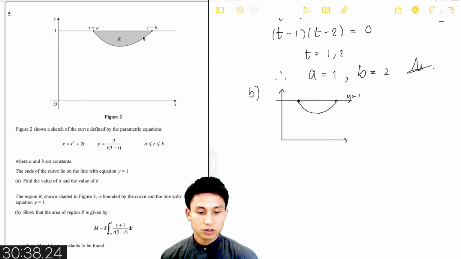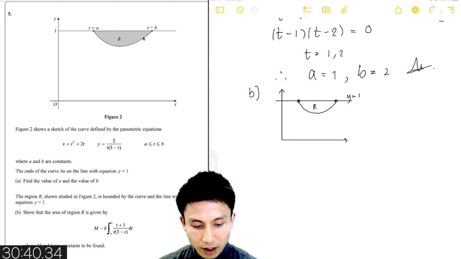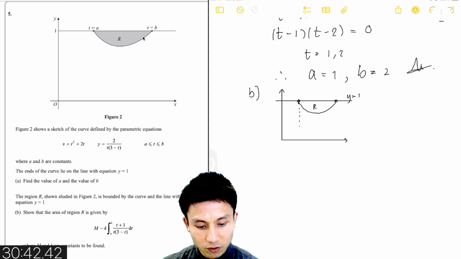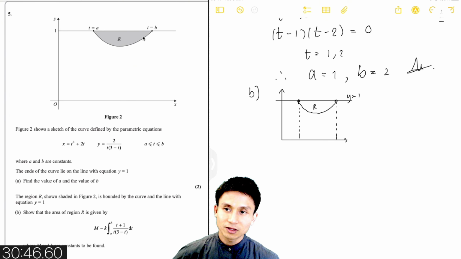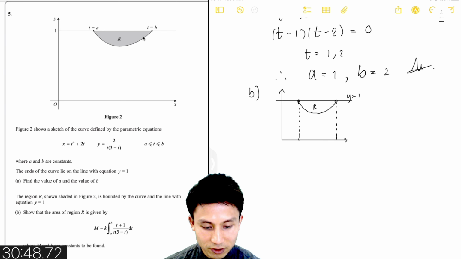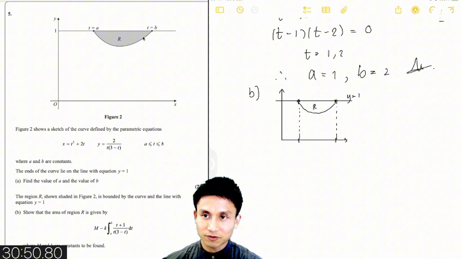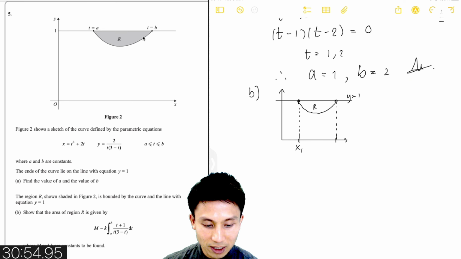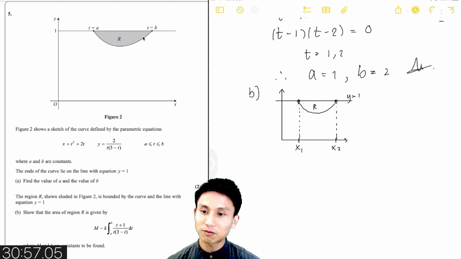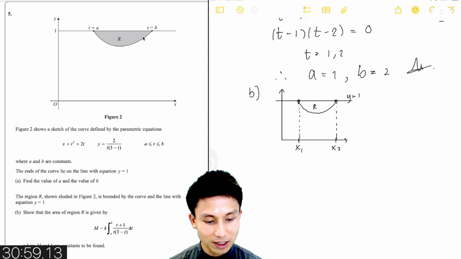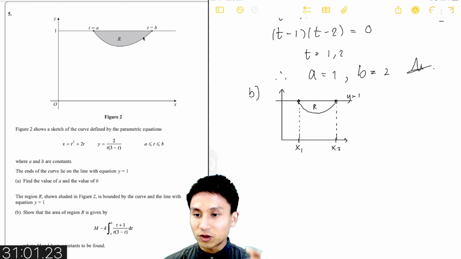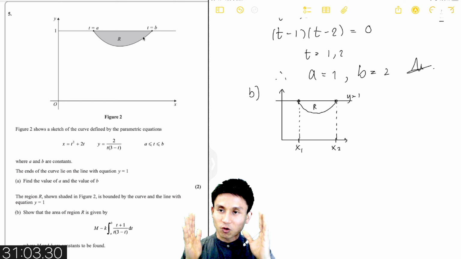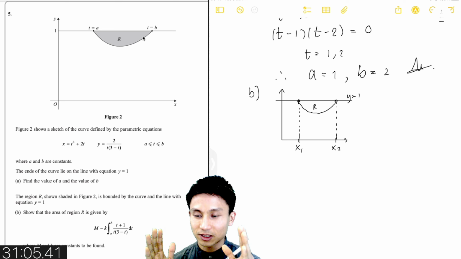We want the area of R, but if you try to integrate the curve from whatever these x values are, let's say x1 and x2 to be found, actually, let's find that first. We want to find the x value at those 2 points.